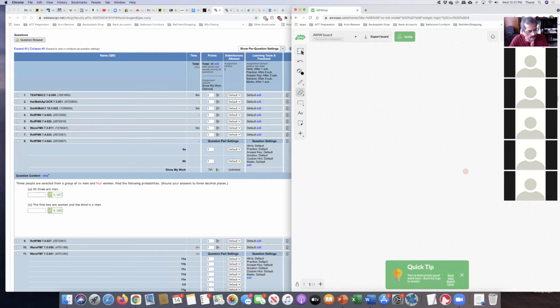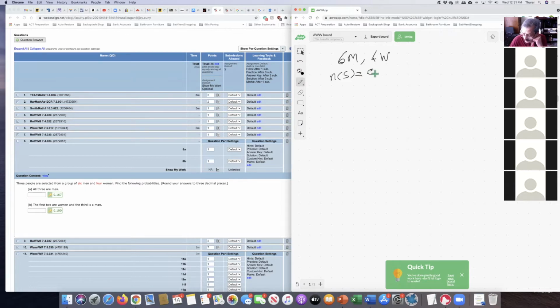So let's see, 6 men and 4 women are there, and we are selecting 3. So the count of the sample space is the number of ways of selecting 3 from 10. There are 10 people altogether.